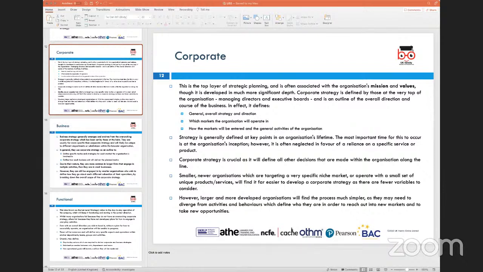So these three are quite closely linked, because one gives the overarching direction and sets the foundation. The second breaks it down to apply it at the business level, and the third applies it at a day-to-day or operational level.